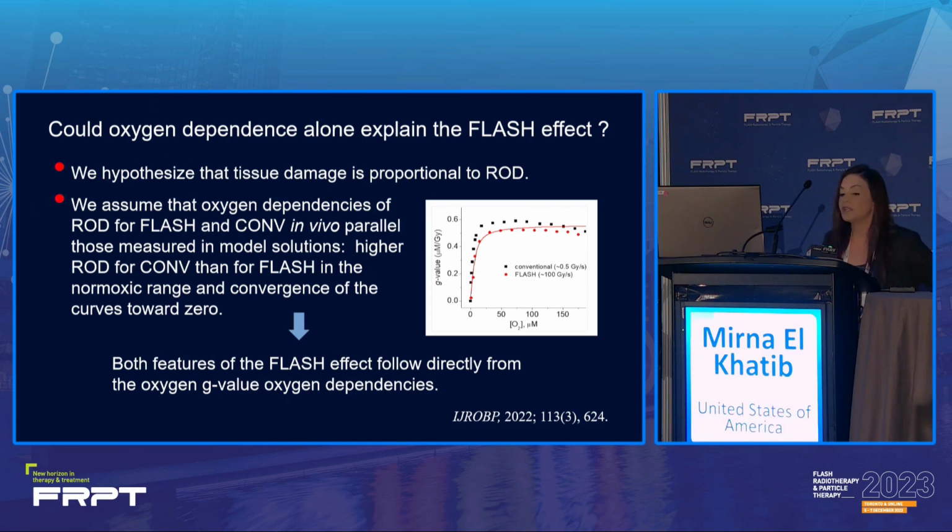We assume tissue damage is proportional to how much oxygen is being depleted, so the oxygen depletion G values, which is the case, because the more oxygen, the more fixation that can occur, and therefore more tissue damage. Although we could not perform in vivo measurements at conventional rates to measure the G values, if we assume that they are the same as those in the model solution, then the features of the FLASH effect really come directly from our oxygen depletion G values.